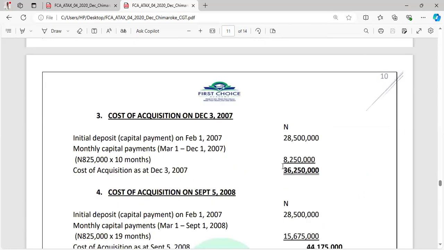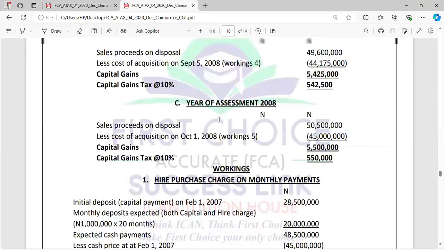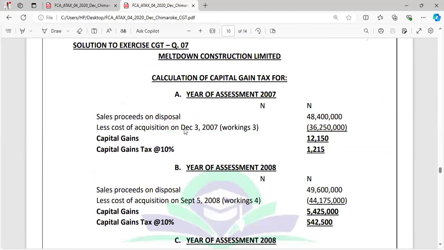How do we get the cost of acquisition? The asset was disposed of when? On December 3, 2007. Mind you, these installments started being made from March 1, 2007.